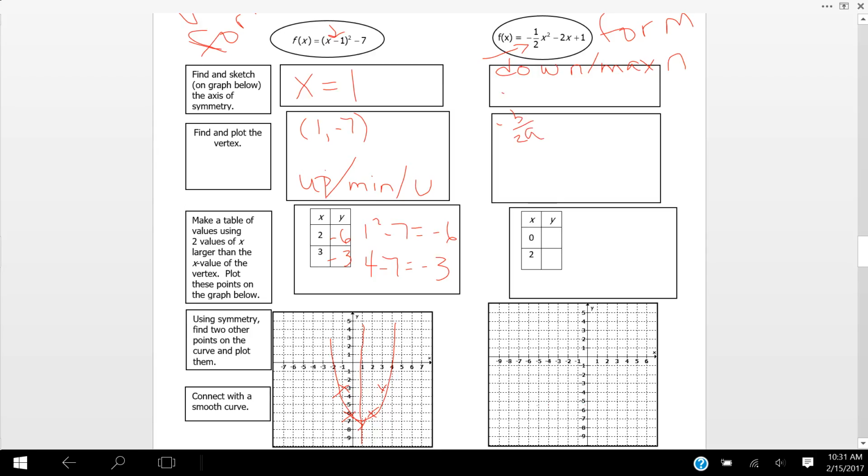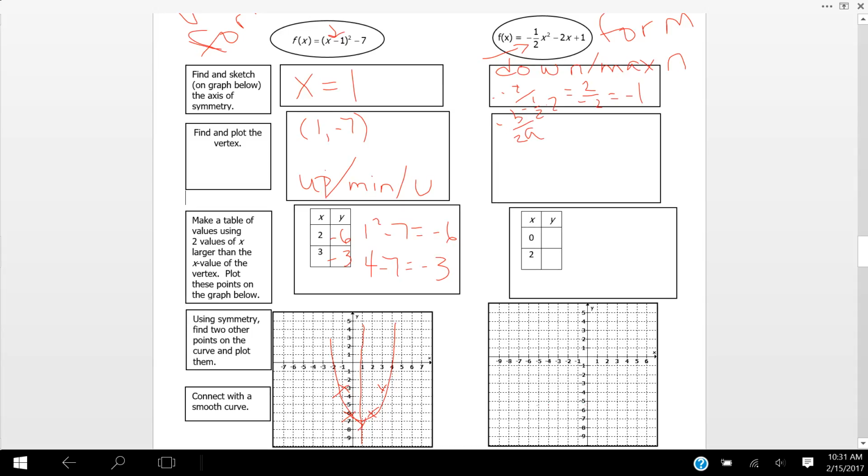So I'm going to have -2 over 2 times -1/2. So -1/2 times 2 is -1, and my b is -2. So I have 2 over -2, which makes -1.